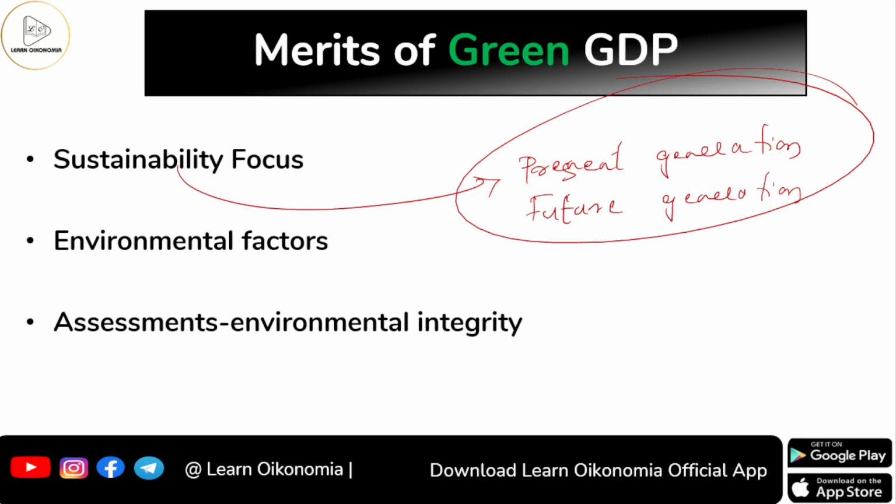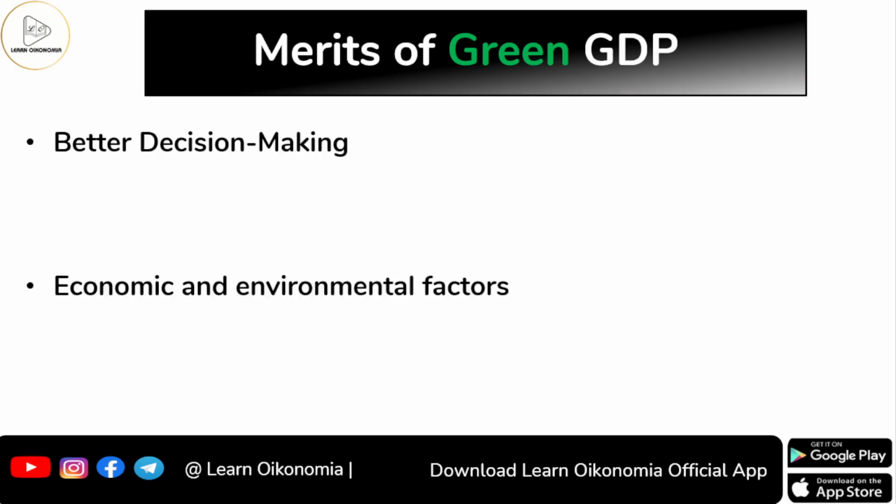So it's a merit because we are considering the environmental factors, we are considering the environmental damage. So this assessment would be identifying the idea of environmental integrity. The green GDP assessment would be as per that only. So we could ensure that whatever we are doing today will not be happening at the cost of the future generation. So that can be something which we can assure.